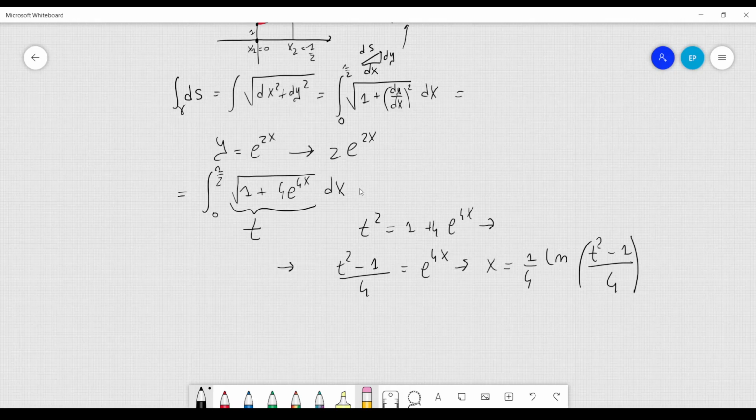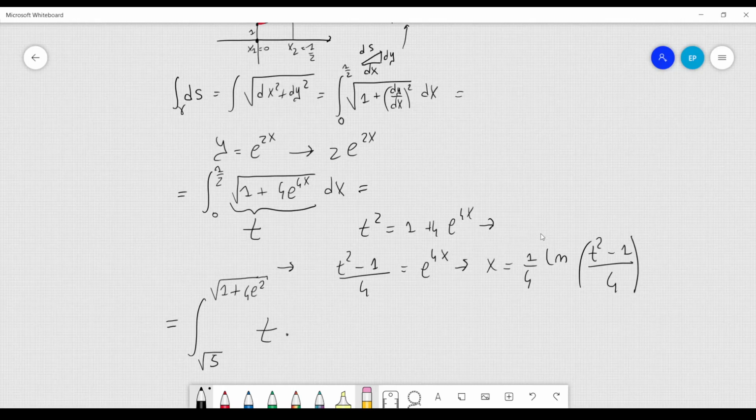And when x is equal to 1/2, we get that t is equal to the square root of 1 plus 4 e squared. So this is equal to the integral from square root of 5 to the square root of 1 plus 4 e squared, and then the integrand will become t times dx.